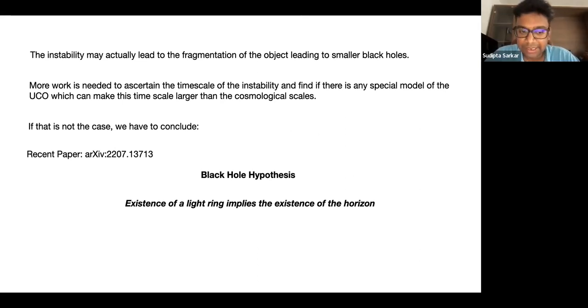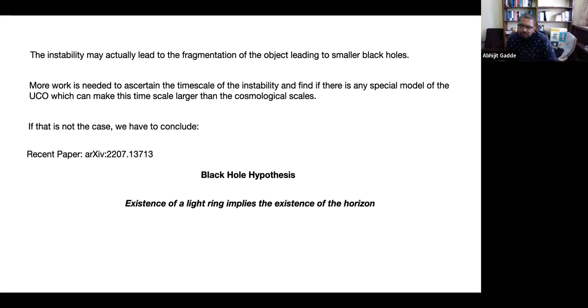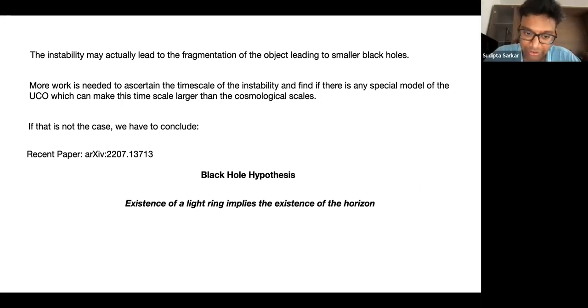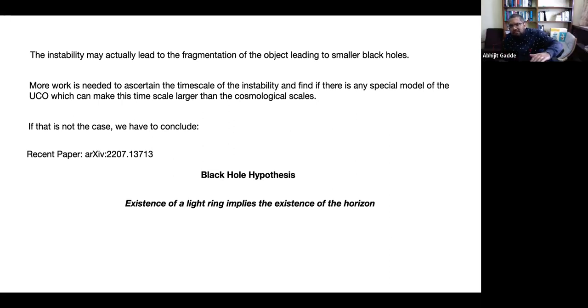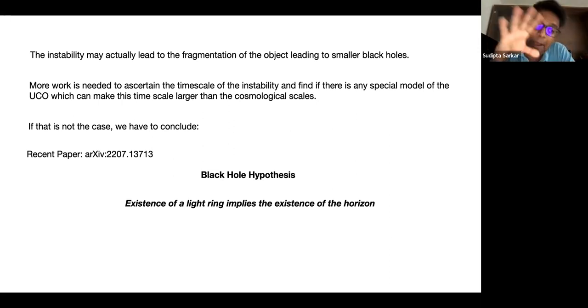So the question is that in Kerr black holes, theta equal to pi by 2 is a very special plane because of the theta to minus theta symmetry. In general, since I'm not assuming theta to minus theta symmetry anywhere, it is possible that there exists a theta which need not be pi by 2. You see, the light ring defines a plane, which need not be the equatorial plane always. For Kerr, it is.